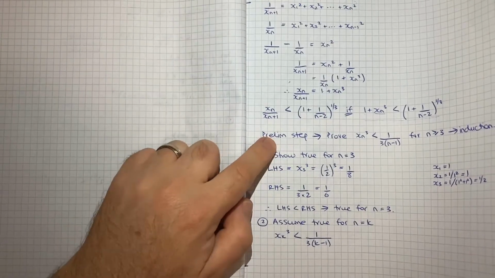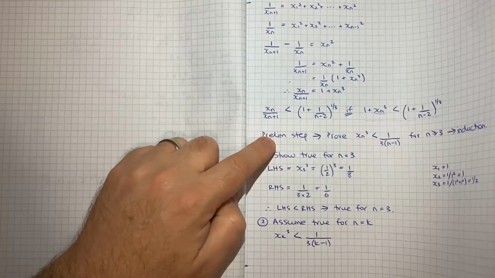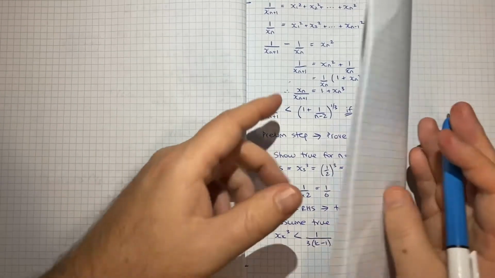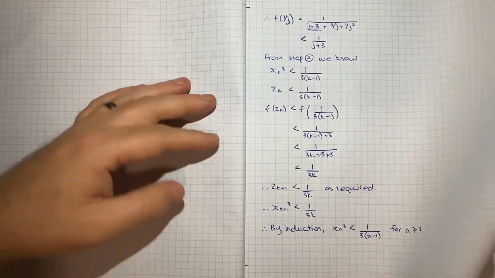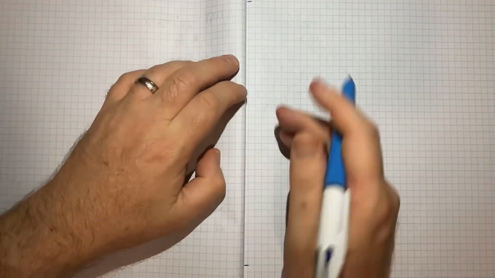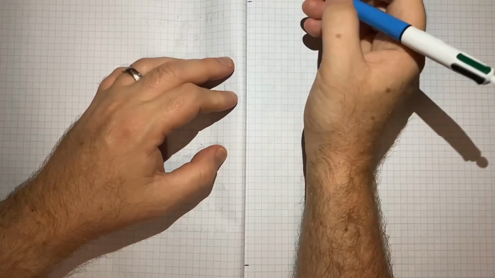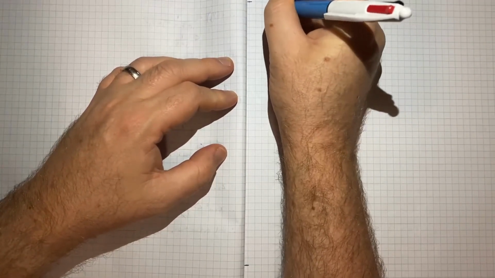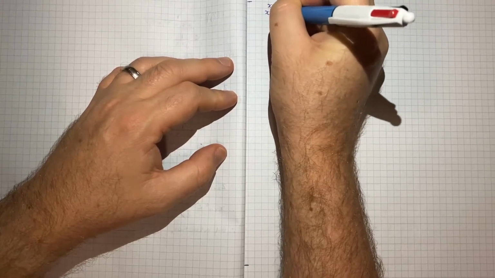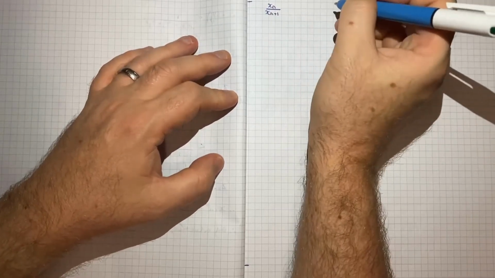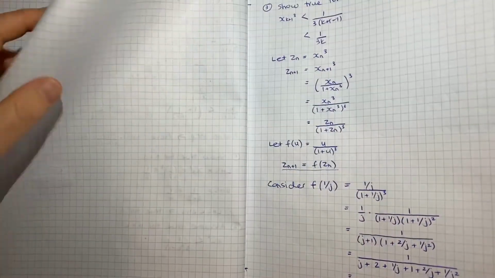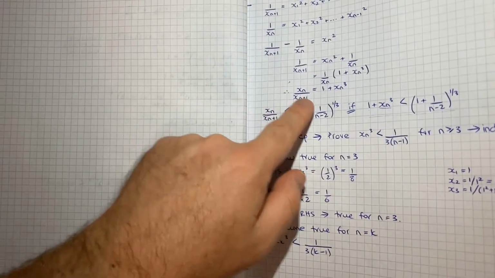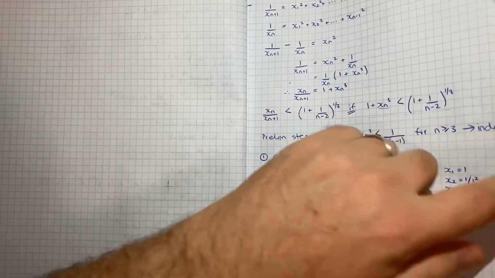Alright, so that was our preliminary step. Now what we can conclude, and I might just turn over here, is we can come back to our definition. We know x_n on x_(n+1), we showed earlier, was equal to 1 plus x_n cubed.